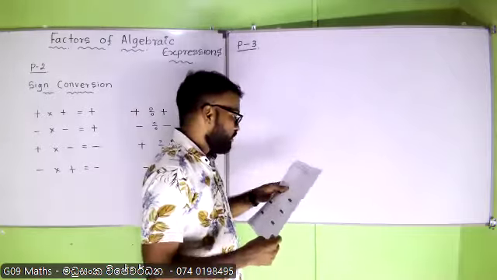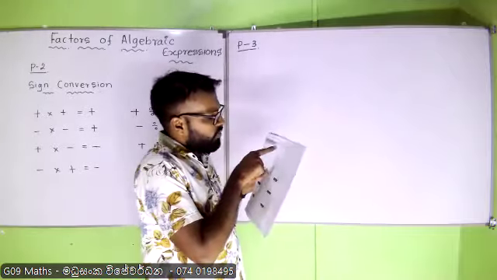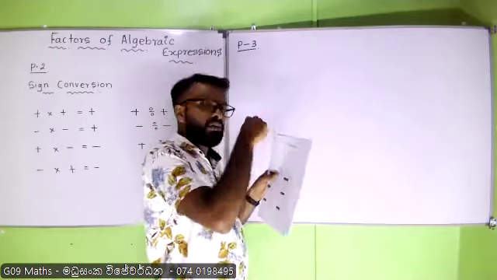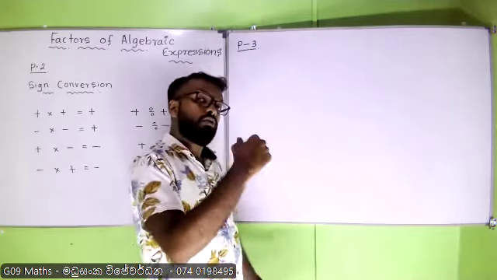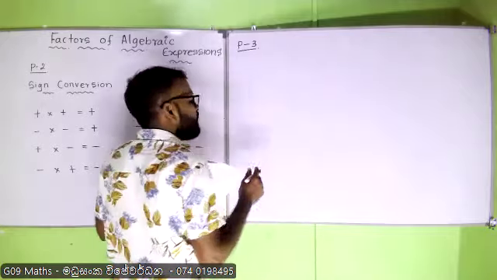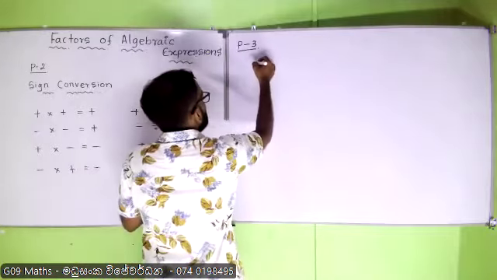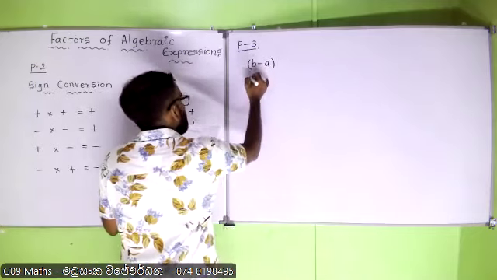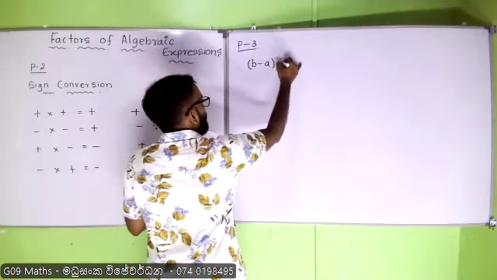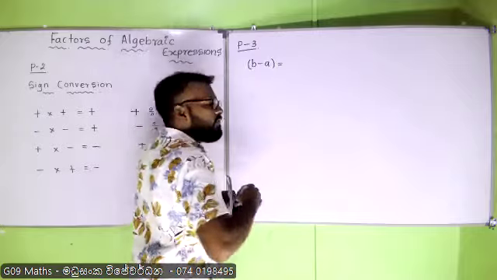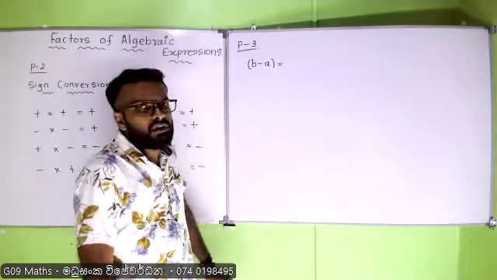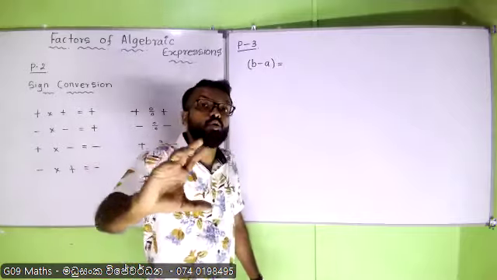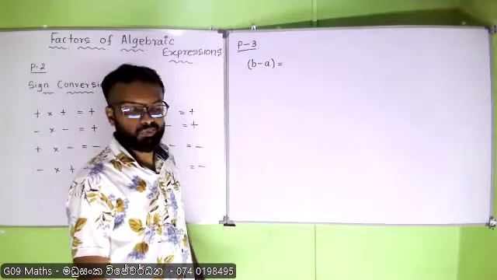Right. So what is the title? Take negative sign out from the bracket. Now look at here. B minus A. Right. So if you take the negative sign out from this bracket, you are going to convert the signs.